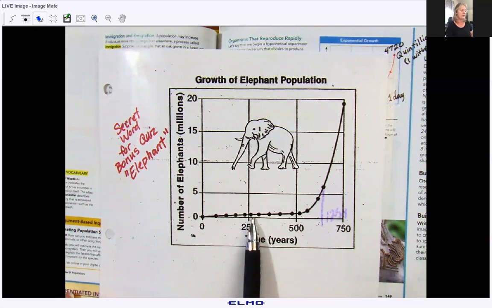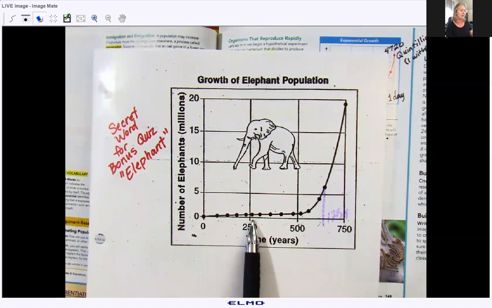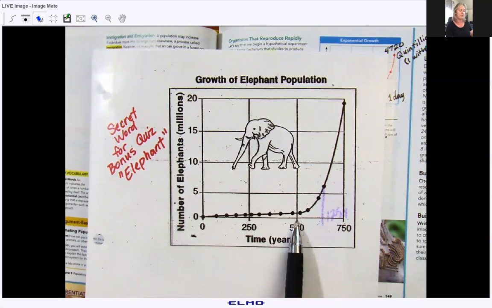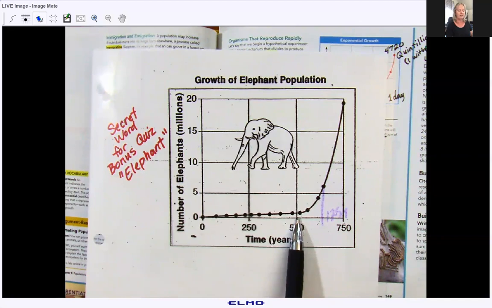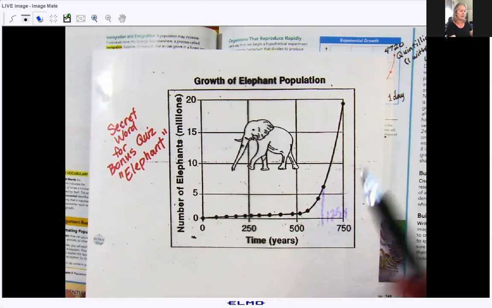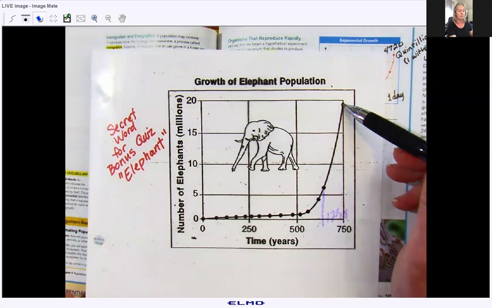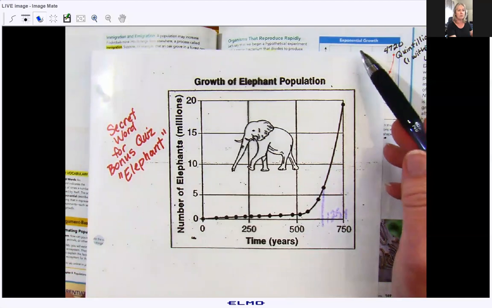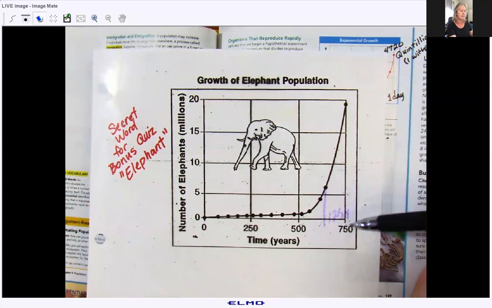If you continue the growth until 500 years, then you've got maybe your first million in your population. So at what point does the exponential growth start for the elephants? I don't know if this would be a peak or if it would continue depending on the food and the resources.